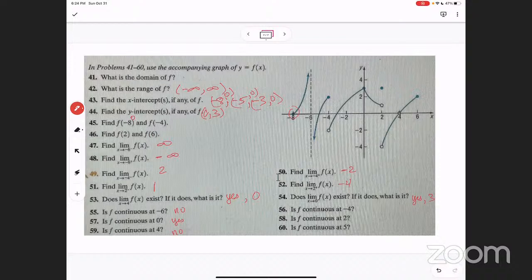No. Is it continuous at 2? No. Is it continuous at 5? Yes. It's continuous there. It's not continuous at the other ones. So there's all your answers.